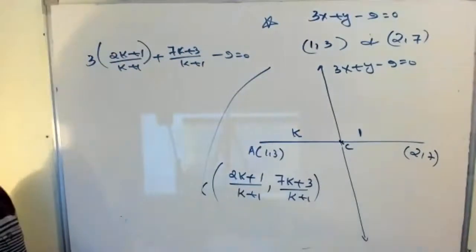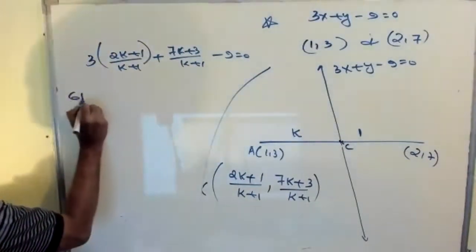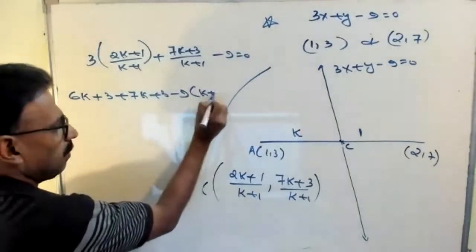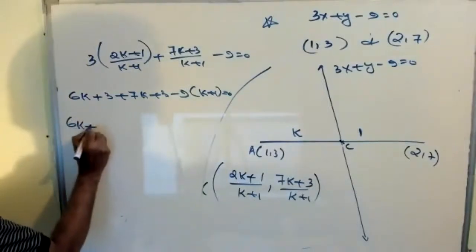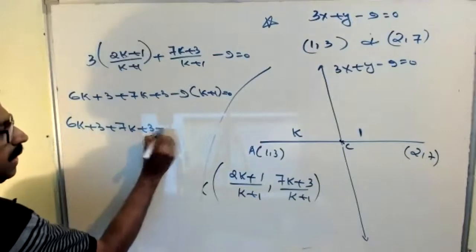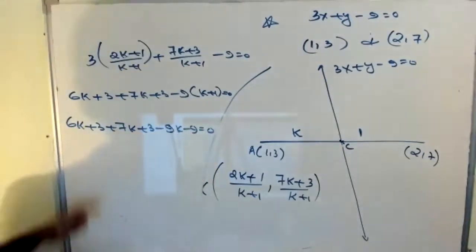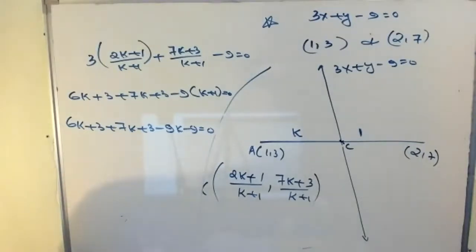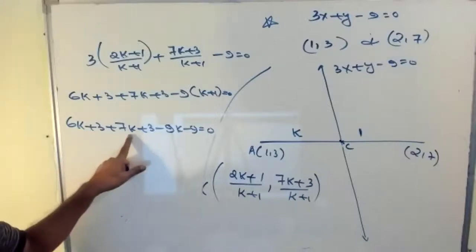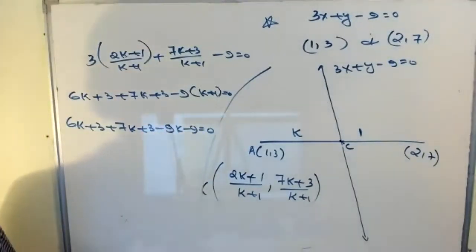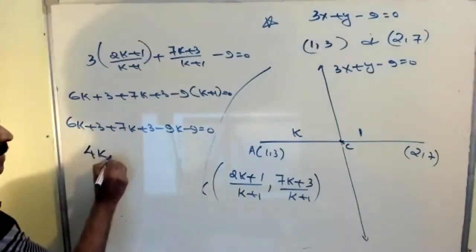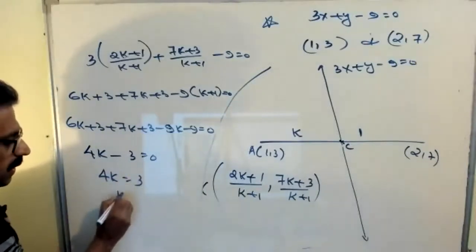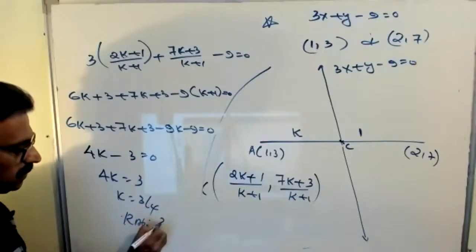So 6k plus 3 plus 7k plus 3 minus 9 into (k plus 1) equal to 0. 6k plus 3 plus 7k plus 3 minus 9k minus 9 equal to 0. 13k minus 9k gives 4k, and 6 minus 9 gives minus 3. So 4k minus 3 equal to 0, 4k equal to 3, k equal to 3 by 4. The ratio is 3 is to 4.